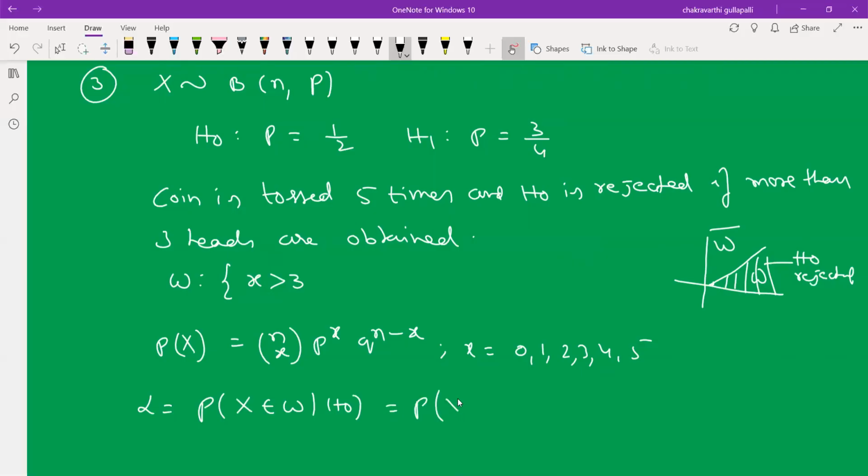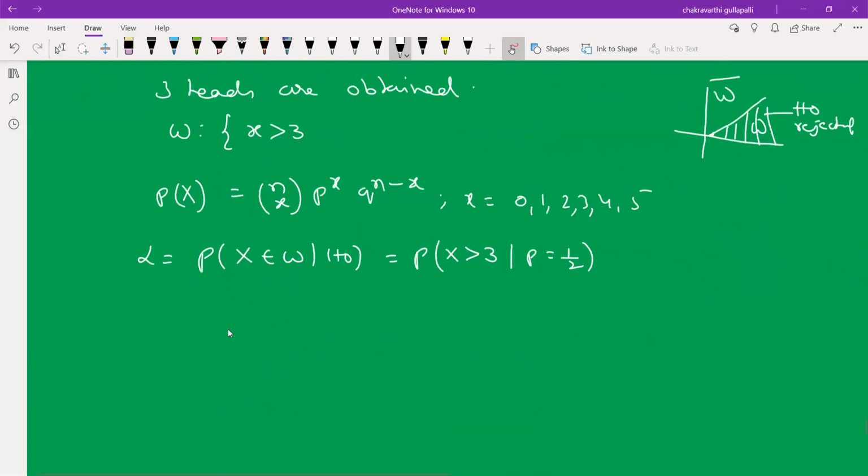Probability of W means what here? X greater than 3 based on the given statement. H naught means P value half. Here, P value unknown. Using this null hypothesis, we assumed P value half. In this case, the probability function is equal to 5Cx, P value 1 by 2, whole power x, Q value also 1 by 2, whole power 5 minus x.